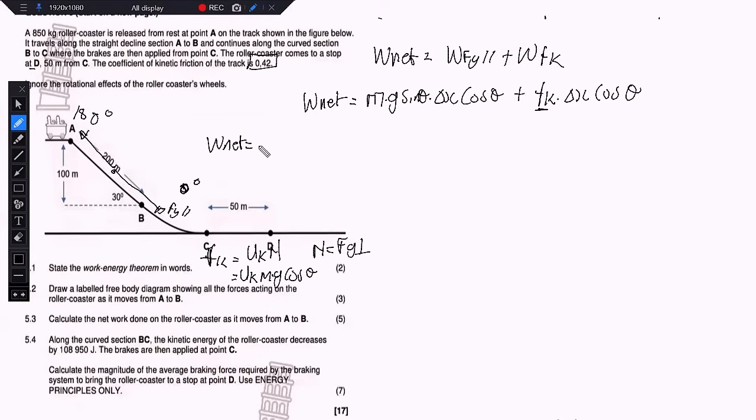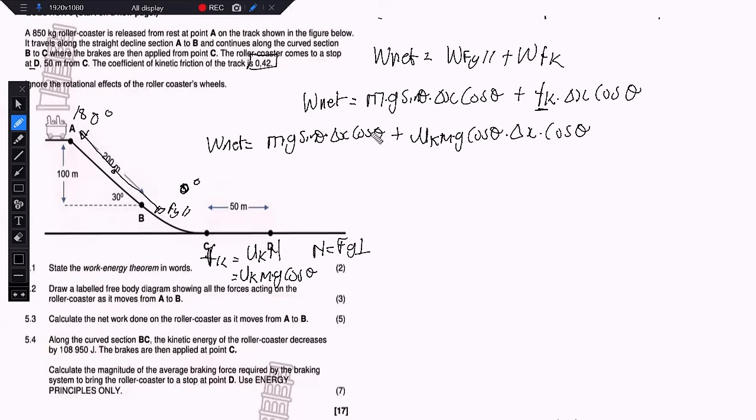Right, so let's say we want to have W net is mg sine theta delta x cos theta plus the Fk here will be mu k mg cos theta and then delta x cos theta.